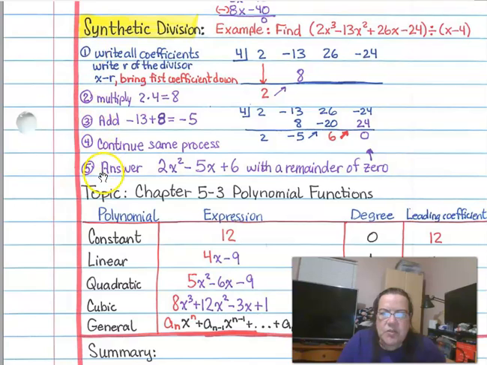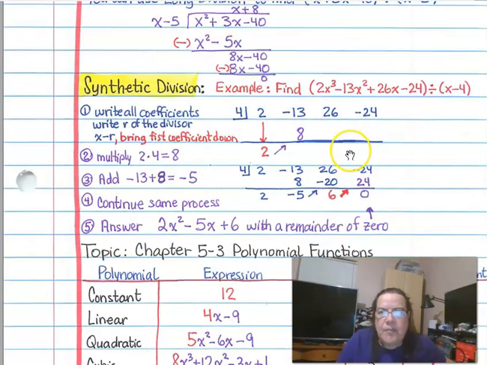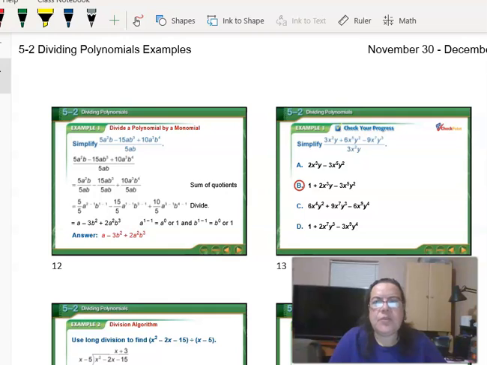So follow my steps 1 through 5, and then you'll be able to get the answer to this type of division question. All right, so then let's see what your packet says now. In your packet, section 5-2, dividing polynomial expressions, you'll see some examples of you having to do that.